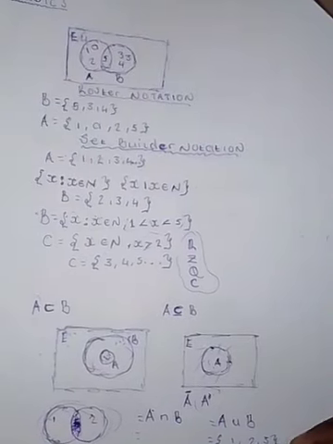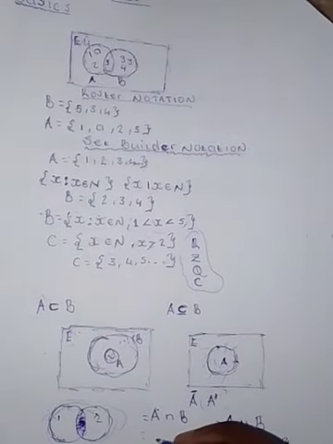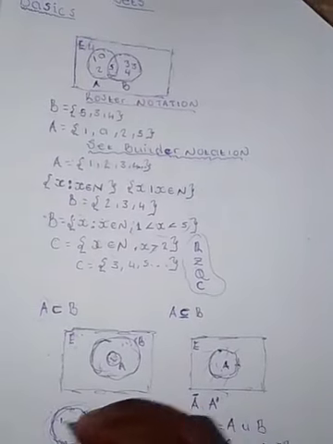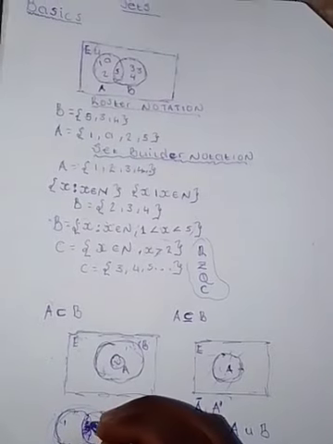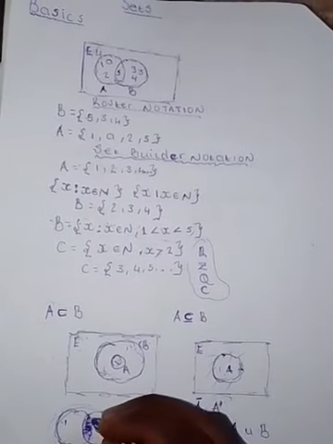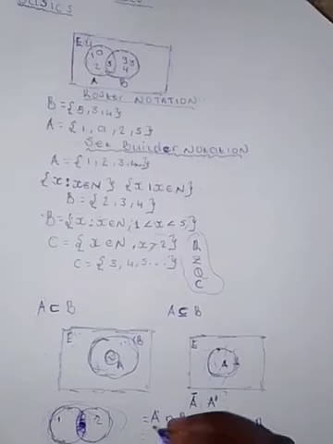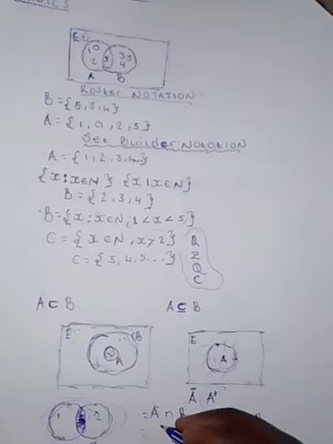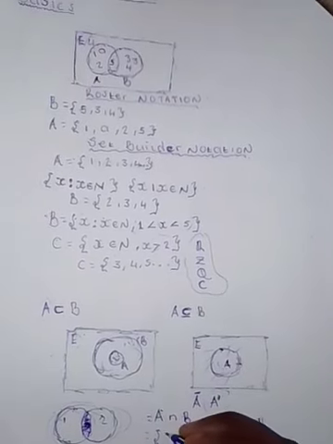Okay, and if you're asked to find the intersection of these two sets, you have to only consider what is there between them. So it's going to be 3, a set having only one element.